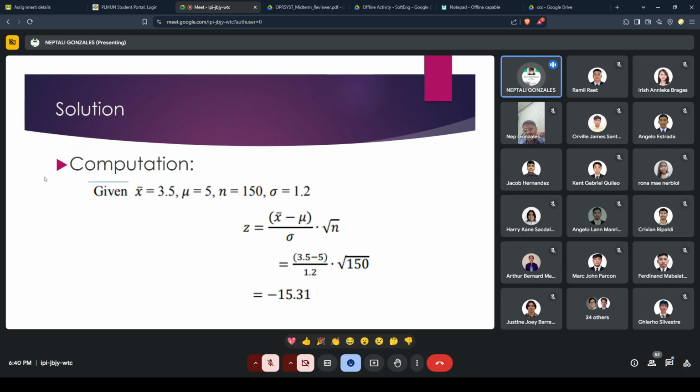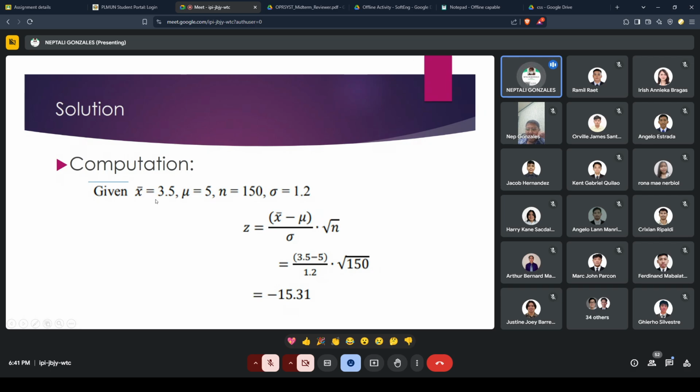So computation, our claim, the manufacturer claims that 3.5 years in his sample, population mean is 5 years, sample population is 150, standard deviation or the population standard deviation is 1.2. So by substitution in the formula, this is given tong formula na to.